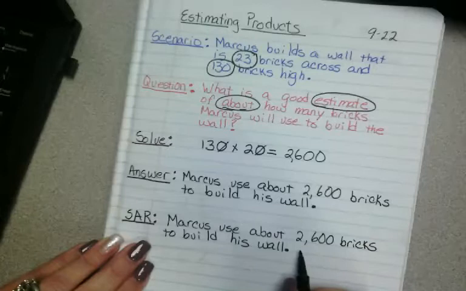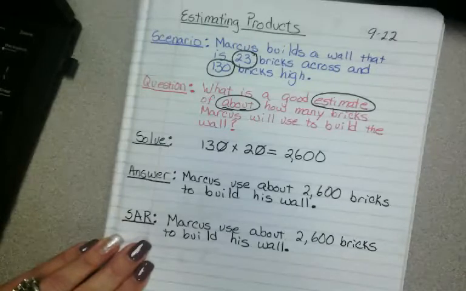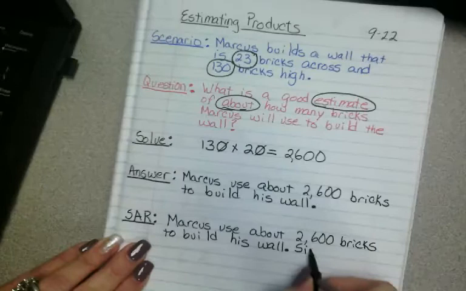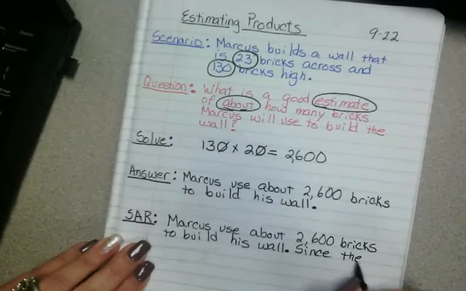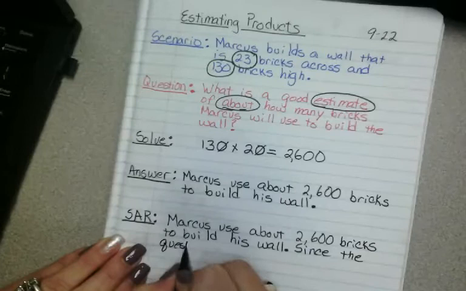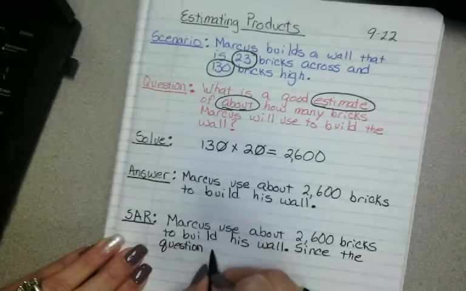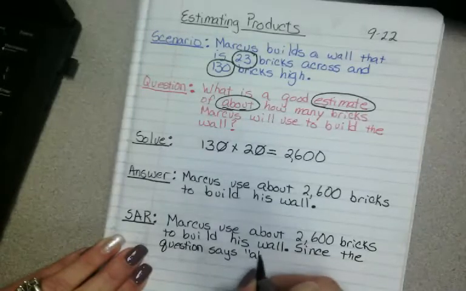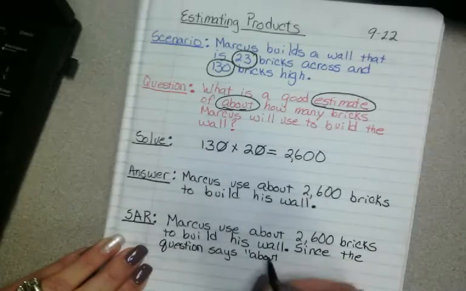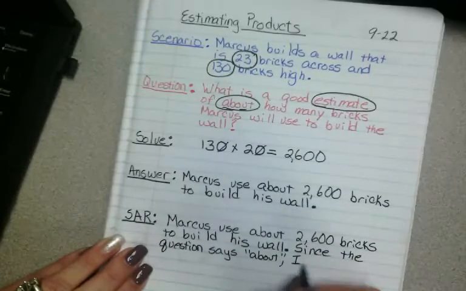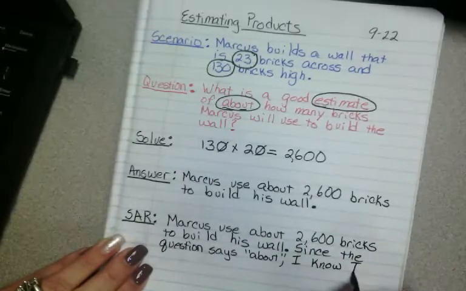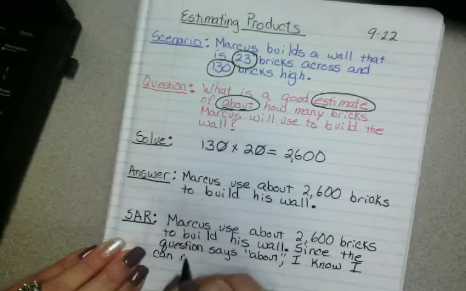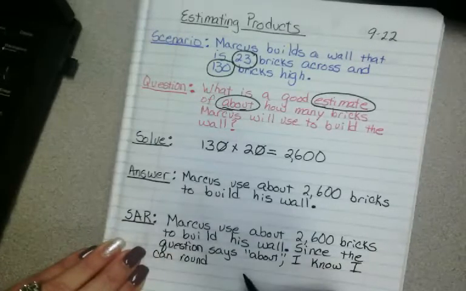So the next sentence I'm going to make sure I mention estimating. Since the question says "about," I use quotations because I'm quoting what the question says, I know I can round 23 to 20.